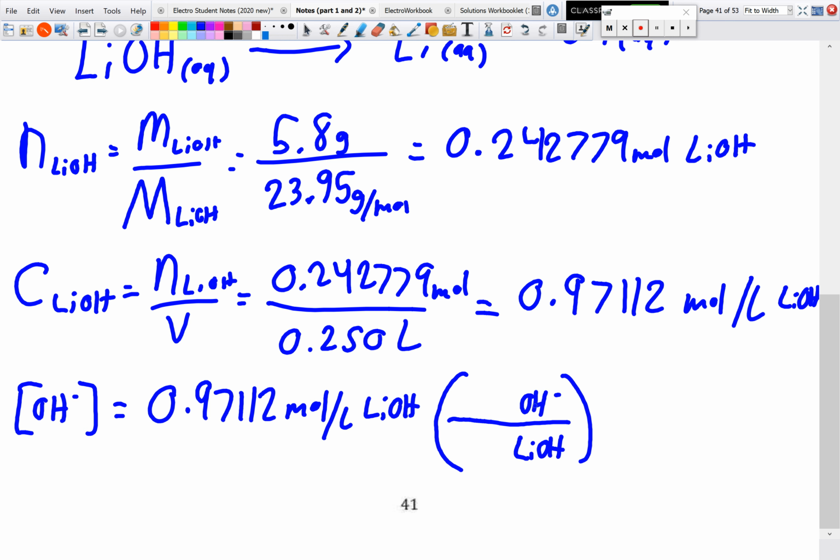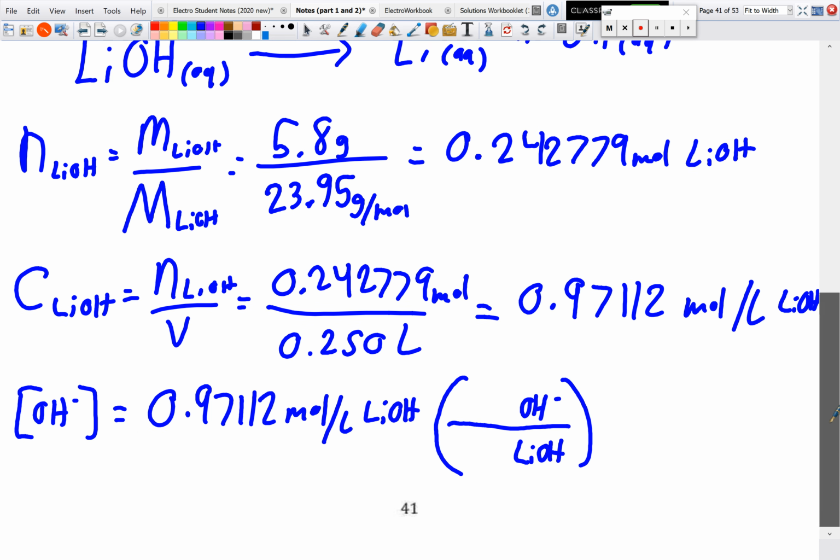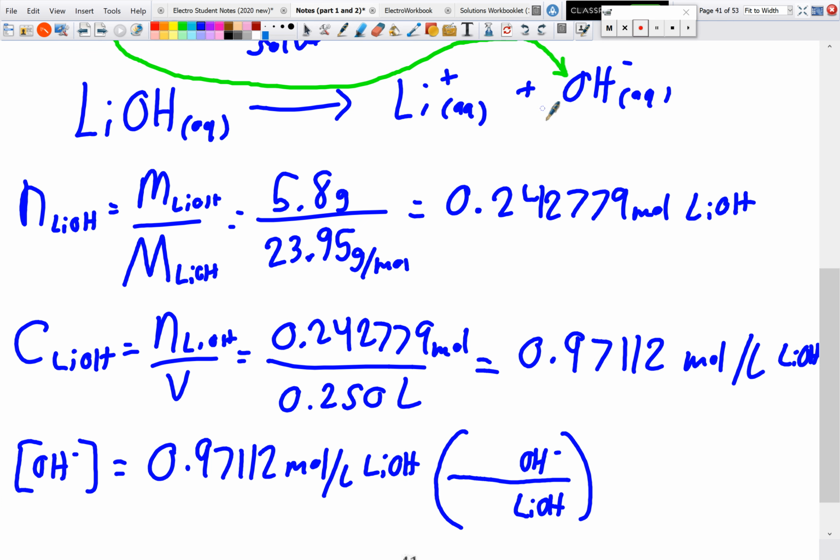We want our hydroxide ion, that's in the numerator. And the numbers we use come from our balanced chemical equation. Now, these are all blank up here because it is a coefficient of 1 in front of each. So, by doing this, lithium hydroxide cancels out, and we are left with 0.97112 moles per liter of our hydroxide ion.